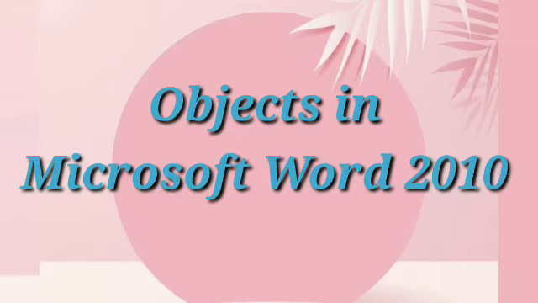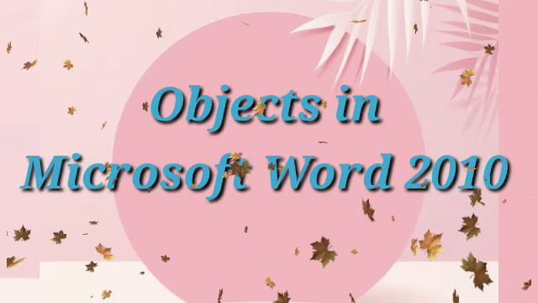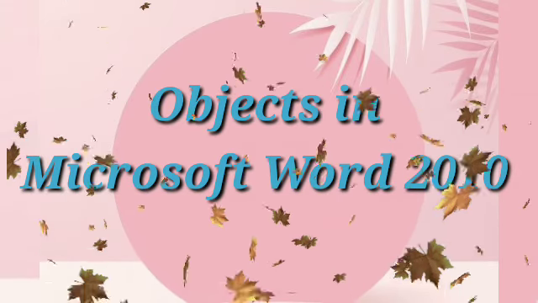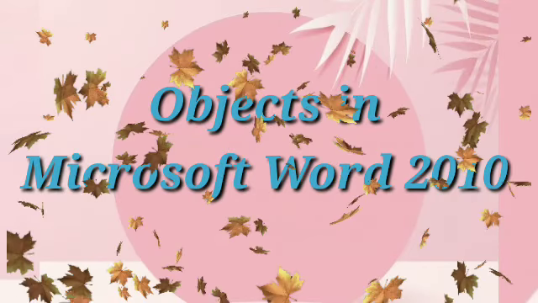So today's topic is objects in Microsoft Word 2010. In this chapter we will discuss the objects of MS Word. A Word document looks very boring and uninteresting. It has only text.